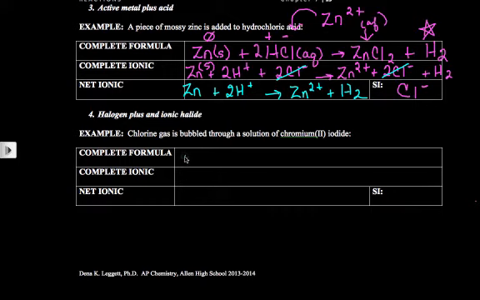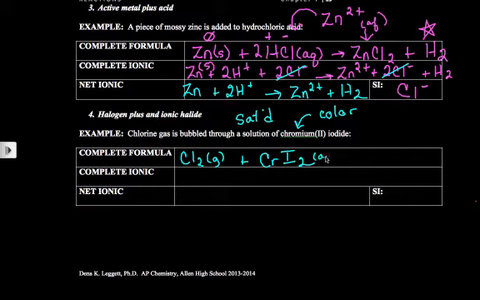Let's do one more. We've got chlorine gas. Don't forget your diatomics. Bubbled through a solution of chromium 2 iodide. Okay, remember, this is going to have a color associated with it. And I'm just assuming that it's a saturated solution, so that I'll be able to break these into ions.